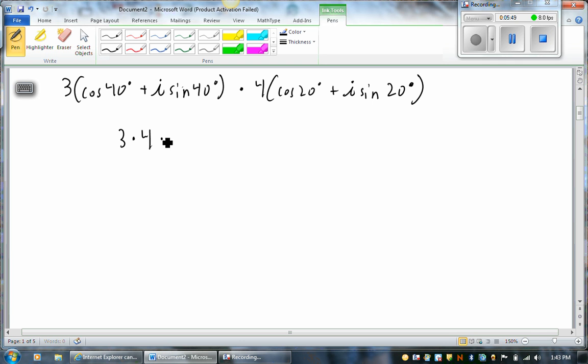And we're going to be multiplying that by cosine of 40 plus 20 plus i times the sine of 40 plus 20.